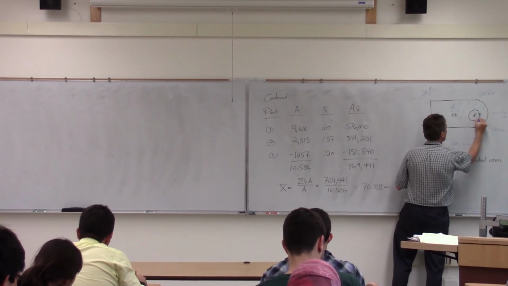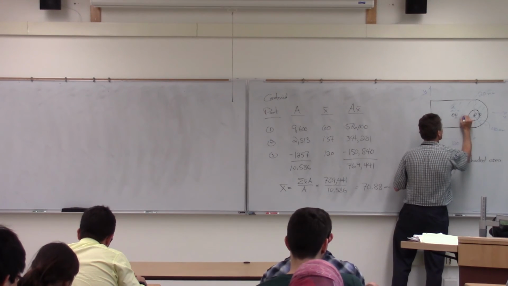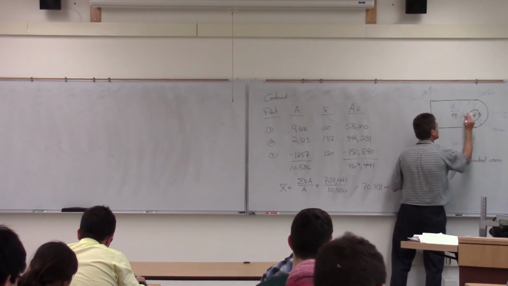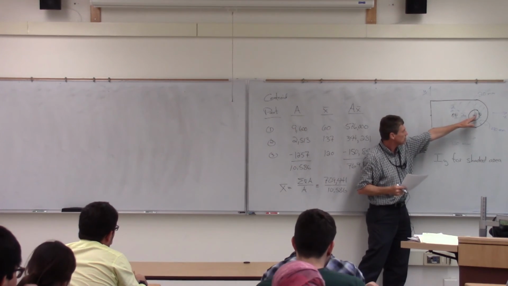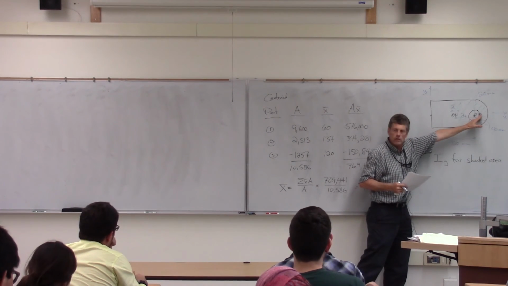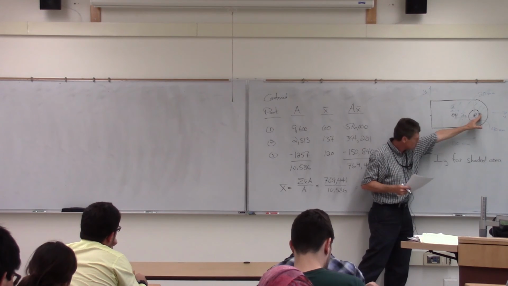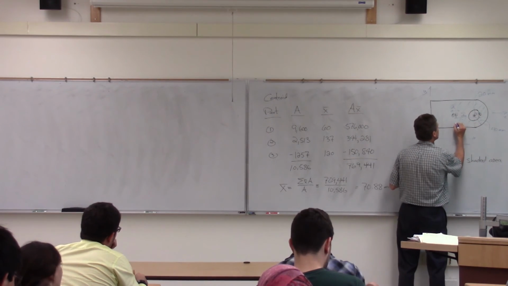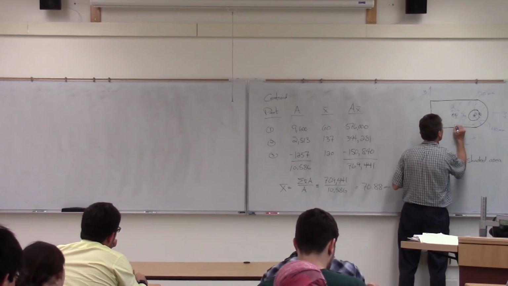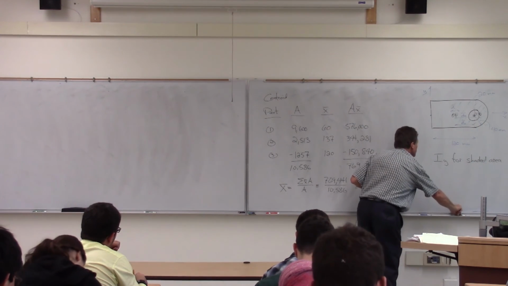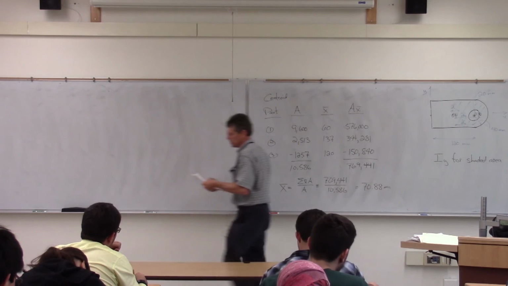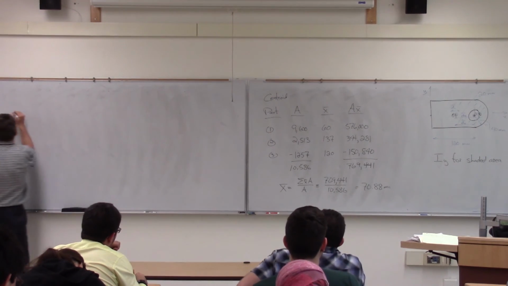d2 is going to be from the centroid of that entire section, that's 70.8388, to the centroid of that semicircular section. And then finally, d3 will be that distance. We'll just do the calculations over here real quick.